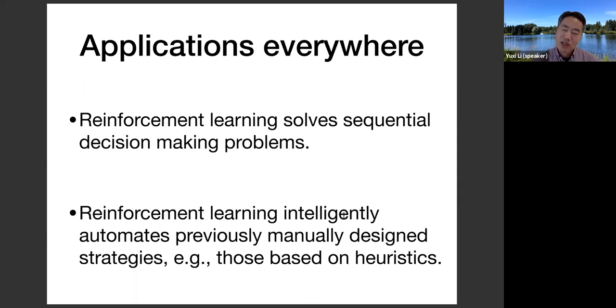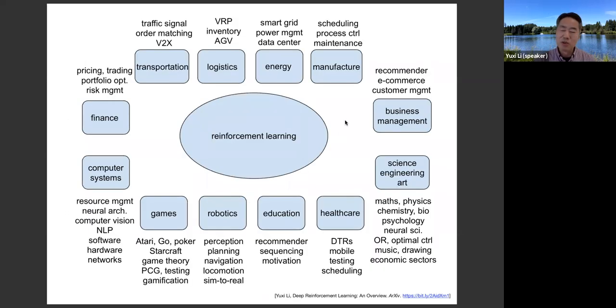And reinforcement learning can intelligently automate previously manually designed strategies. Previously many strategies were designed manually based on heuristics. So reinforcement learning has the potential to automate those strategies intelligently. Yeah, so reinforcement learning can be basically everywhere. I put computer systems here, and science, engineering, art, humanities here. So basically everything can be approached from reinforcement learning.